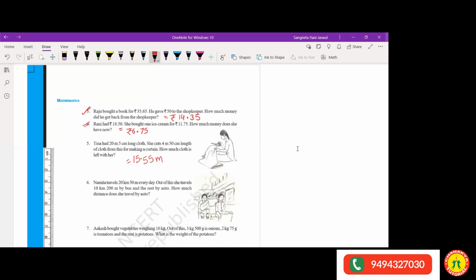The distance traveled by her by auto equals 20 kilometer, 50 meter minus 10 kilometer, 200 meter. Yes. So everyone please do the calculation.